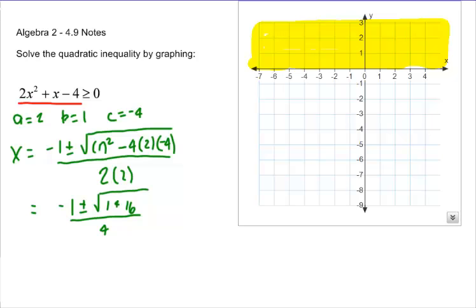Ooh, that's 32. So 1 plus 32. So the two things we're looking at would be -1 plus the square root of 32 over 4 and -1 minus the square root of 32 over 4. We need to know both of these guys.